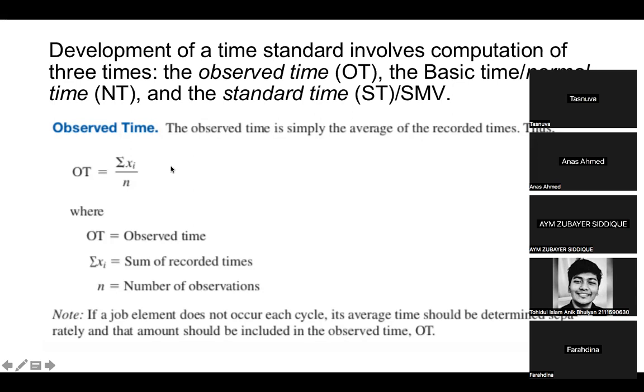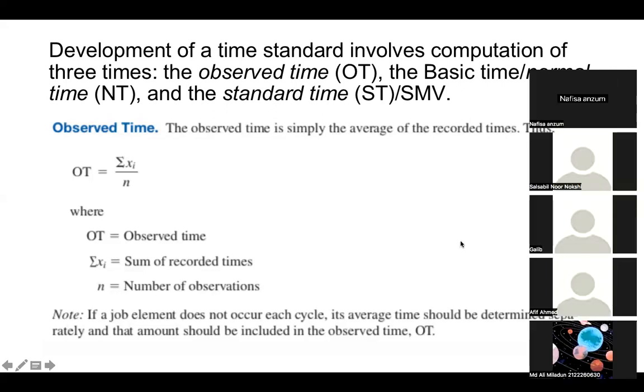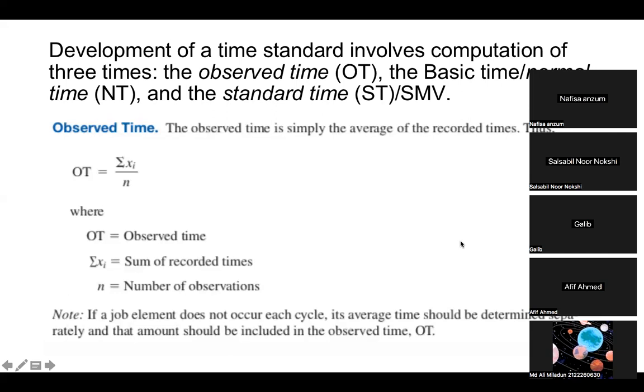Sir. So, what is observed time? OT, observed time. What is it? Sir, measuring the time needed to perform a specific task. So, Mr. Tawhidul Islam, are you here?